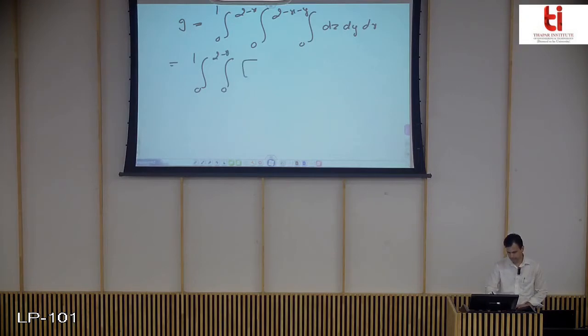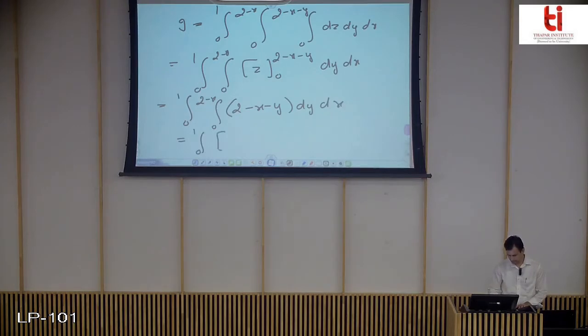Integrating with respect to z gives z from 0 to 2 minus x minus y, so we get the integral 0 to 1, 0 to 2 minus x, of 2 minus x minus y, dy dx. Then with respect to y, you have 2y minus xy minus y squared by 2, dx, from 0 to 2 minus x.